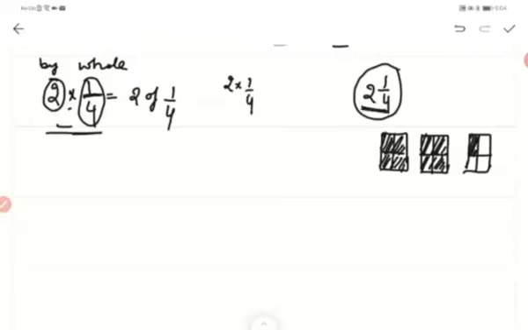When you convert it into an improper fraction, how much will it become? 4 2s are 8, 8 plus 1, 9 by 4, isn't it? And we had seen how to represent it in pictorial form also. You have two full blocks.